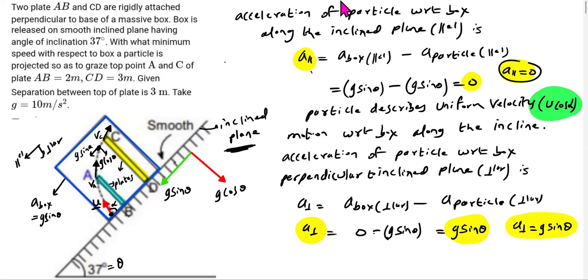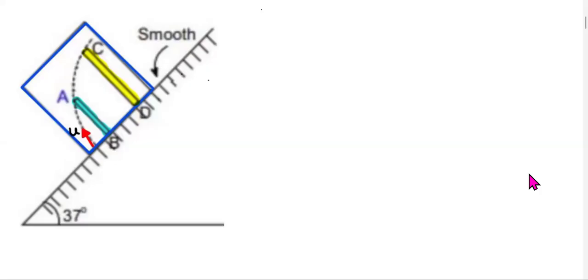Now we'll look at this particular point. The same diagram, let me give a better clear picture. Here it will have velocity, here it will have velocity.